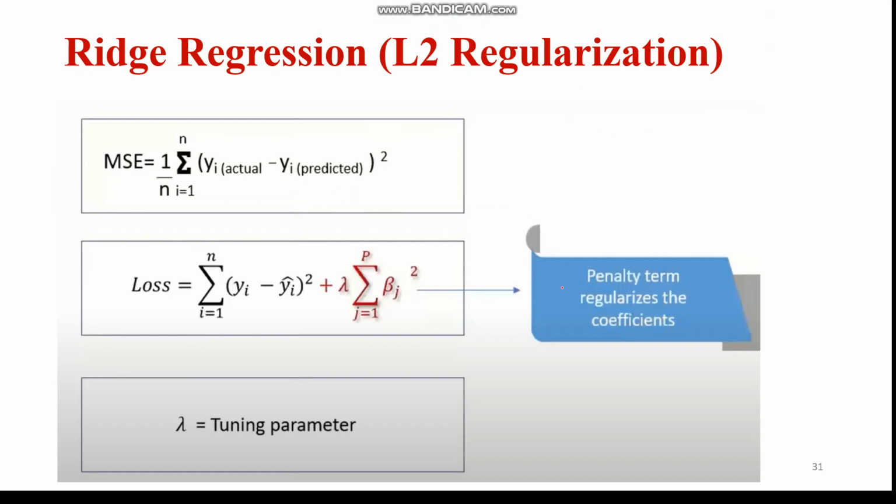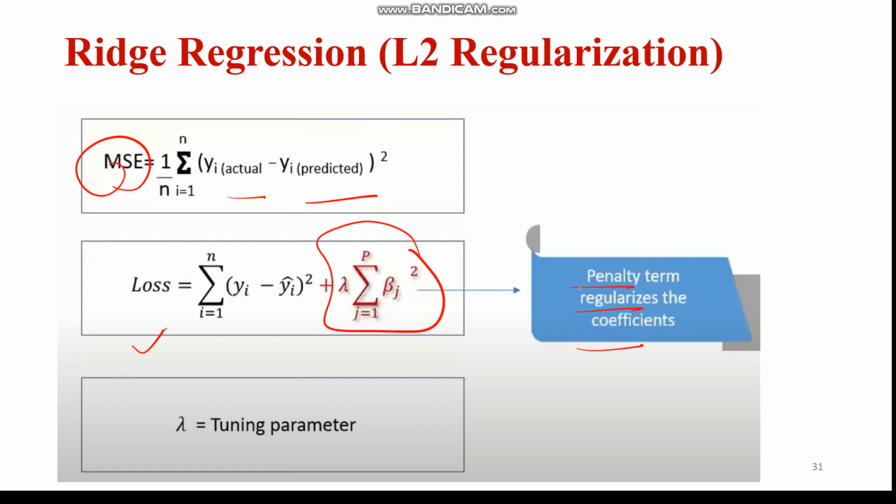Here we are adding the penalty term that regularizes the coefficients. So this is the mean squared error, which as we know is the difference between actual and predicted, squared, divided by the total number of elements.